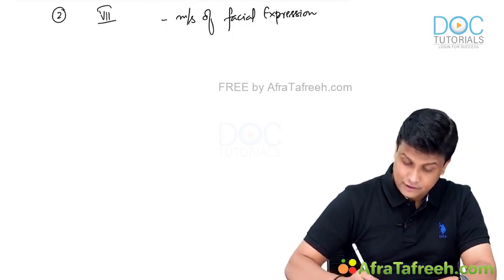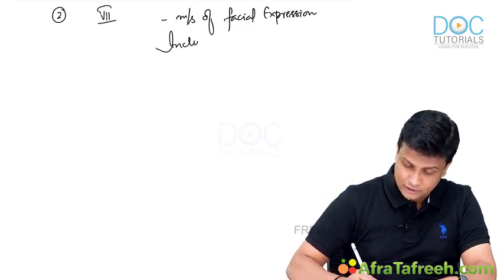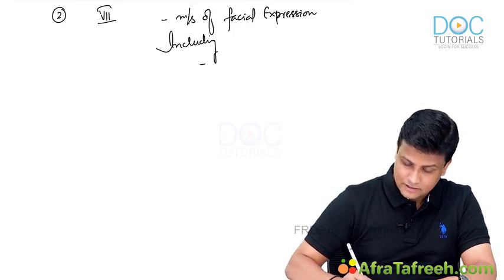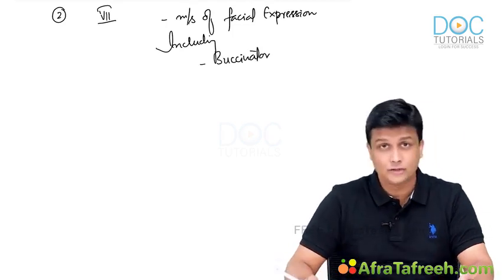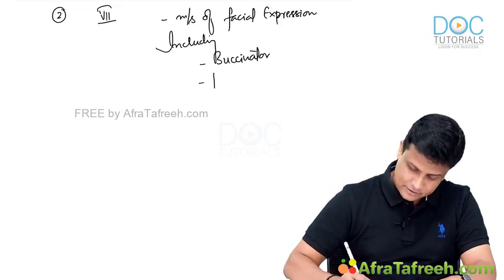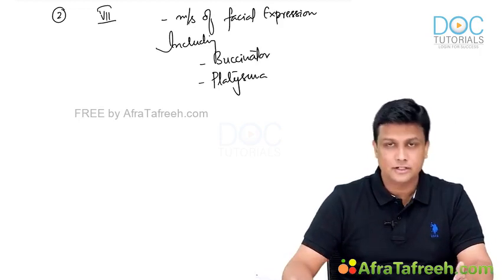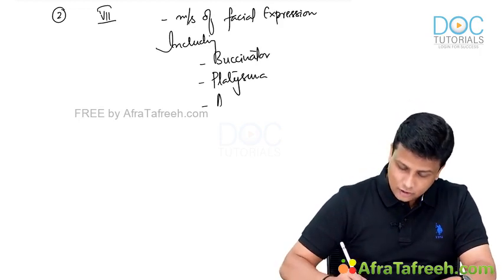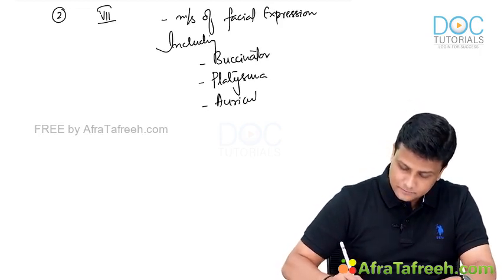Not only muscles of facial expression, you just write down there, including buccinator muscle, that is also supplied by facial nerve only. Platysma muscle, even that is also supplied by facial nerve only. And not only that, the auricular muscles and even the occipitalis muscle.